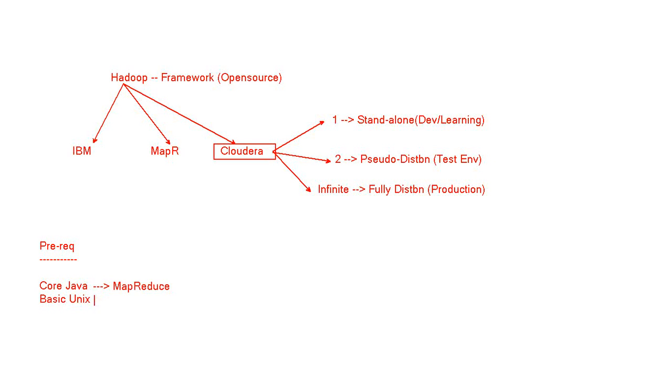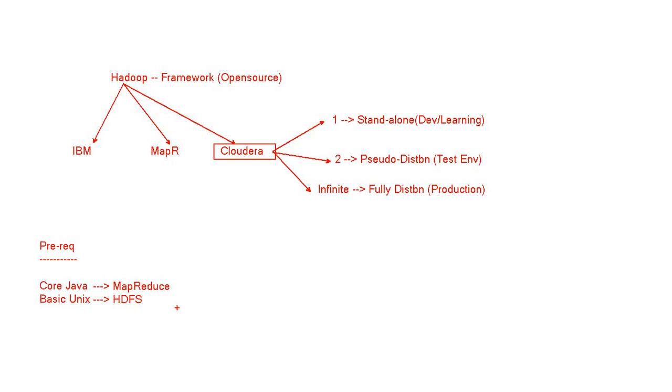For Unix, you need the basic commands, an idea at least. Something like how do you create a file, how do you create a folder, how do you place a file inside a folder, how do you move a file from one folder to another, how do you move a folder from one location to another. That's it. If you know that, you will be very comfortable with HDFS shell commands.